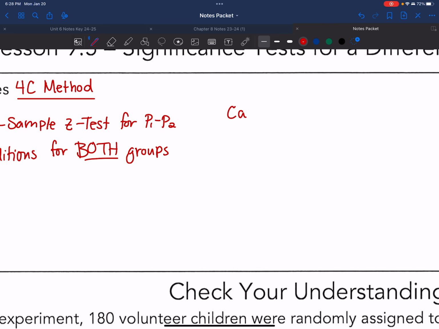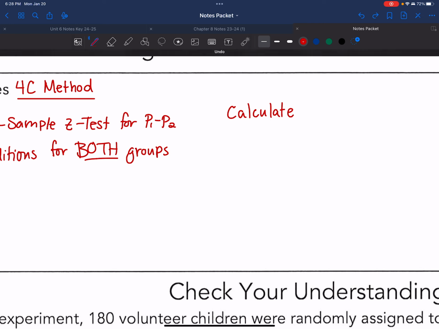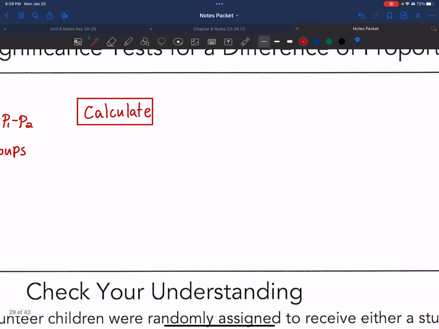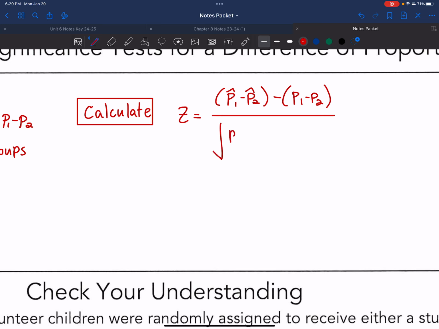In the calculate section, the formula is slightly different. It's still the same exact formula. It's just you plug in different values. So p hat 1 minus p hat 2 minus p1 minus p2. And then on the bottom, that's where you see that combined proportion. So it's the square root of p hat c times 1 minus p hat c over n1 plus p hat c times 1 minus p hat c over n2.